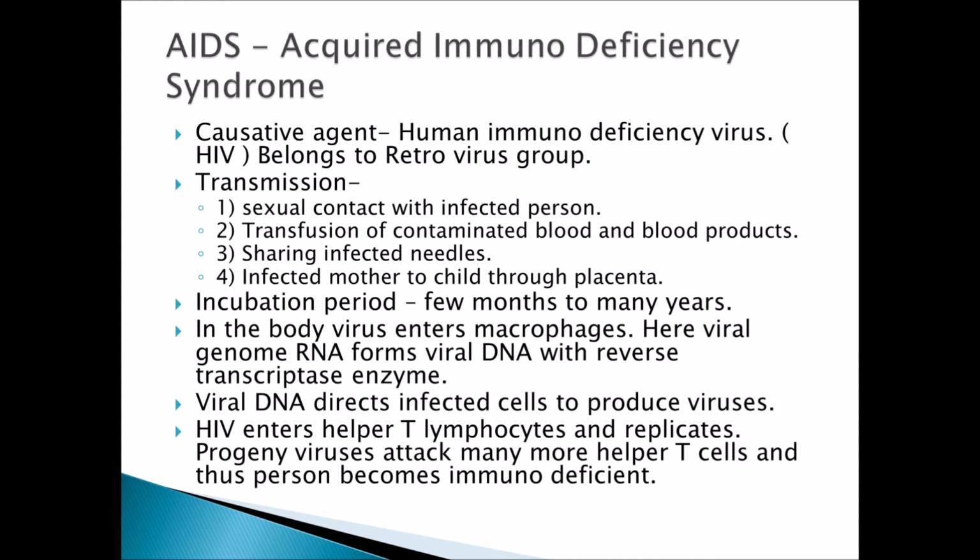So these helper T lymphocytes are attacked by HIV virus, and the progeny of virus attacks many more helper T cells. Now you must have got the reason why the person becomes immunodeficient. As these helper T cells are destroyed, that is why the immunodeficiency occurs.